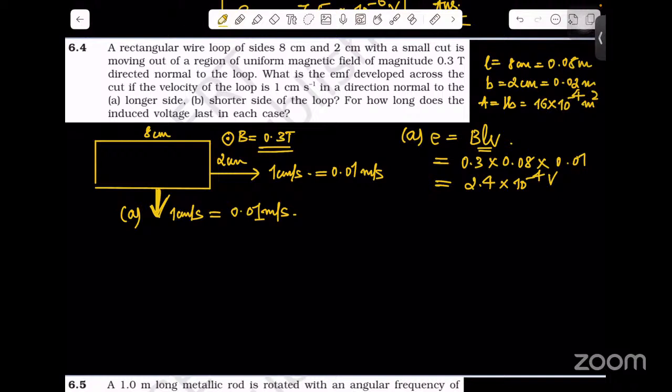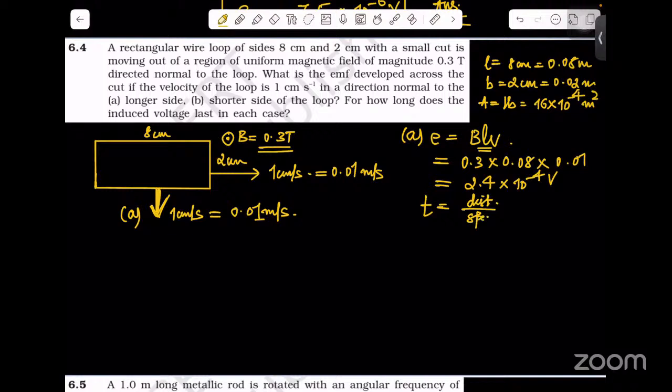Now for how long will this EMF last? Till the time this loop is actually in the magnetic field. Now what will be the time? It will be the distance traveled upon the speed.